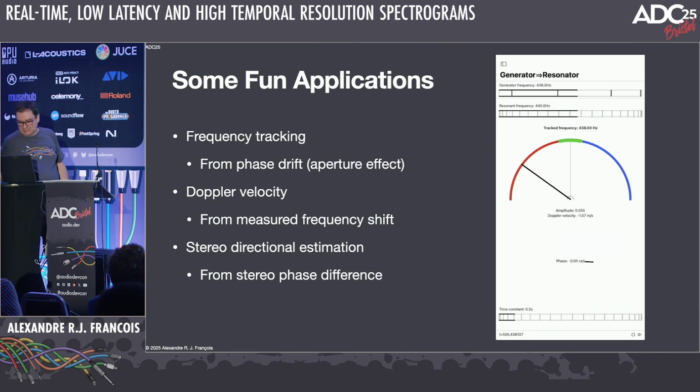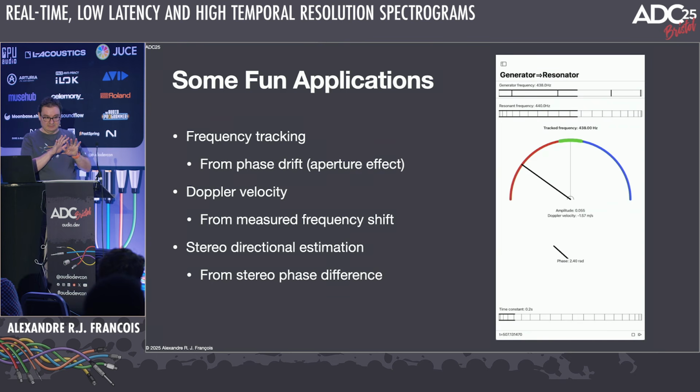Some fun applications that I can mention. So just with one resonator of given frequency, if you know the resonant frequency, and you have an input sinusoid of given frequency, if it's the same frequency, you will get maximum response and the phase will be constant.